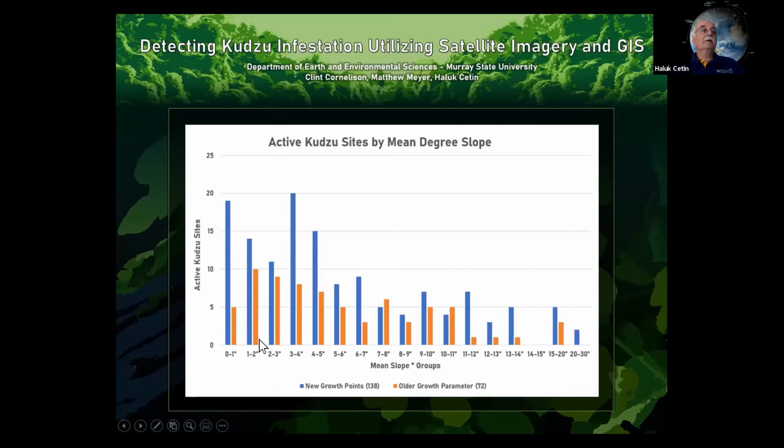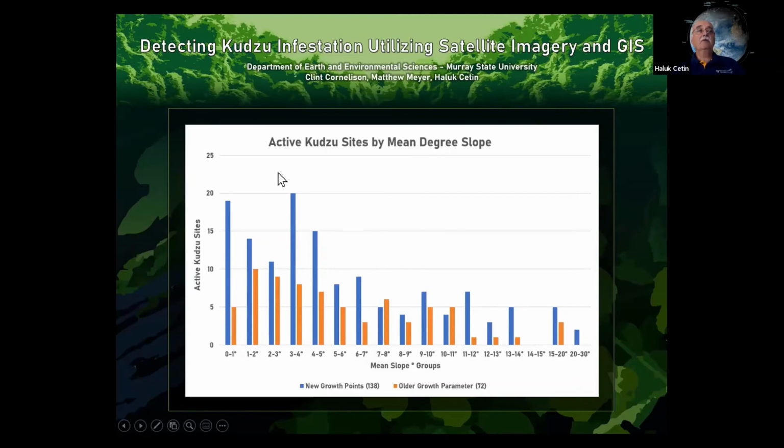Older growth is in orange. In terms of slope, it's all over the place, all the way from flat to even 30 degrees.